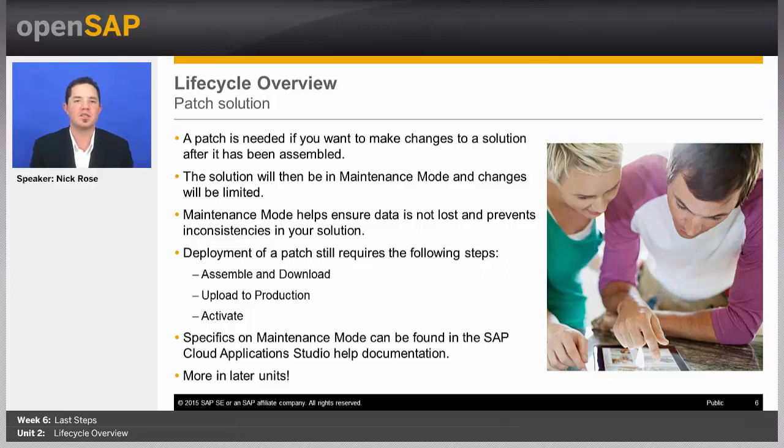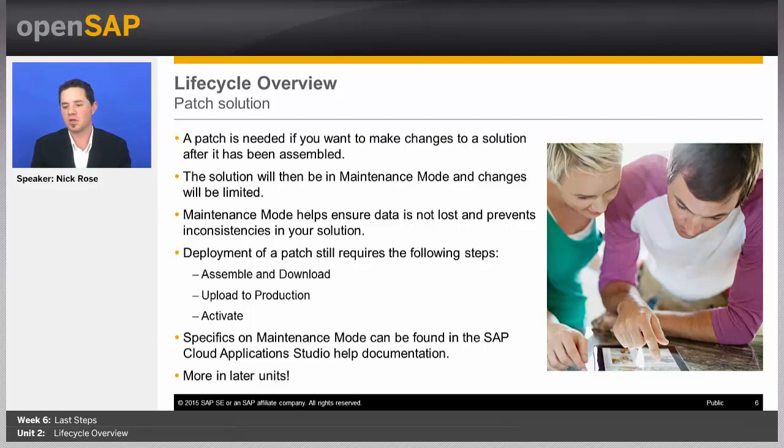Basically it'll restrict us from deleting different content, from changing data types of elements. It's a list of different things that we can and can't do depending on what content it is. And we actually have units later on that will go into more detail about a patch solution and more about maintenance mode itself.